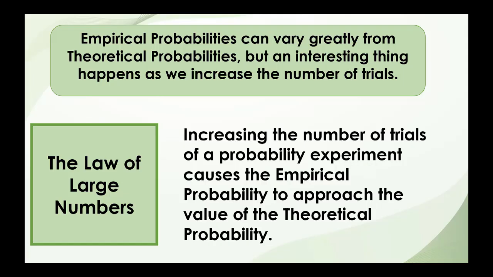What you would see is it wouldn't necessarily be 1/2 or 50% or 1 out of 2, but it would get closer and closer to that 1 out of 2 number. So the variation would be less and less over time as we get more and more trials. That's what the law of large numbers says.